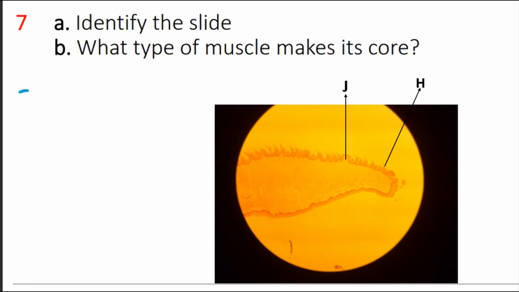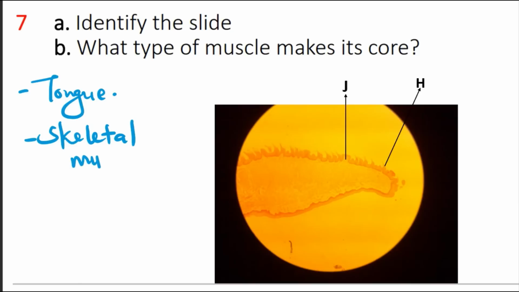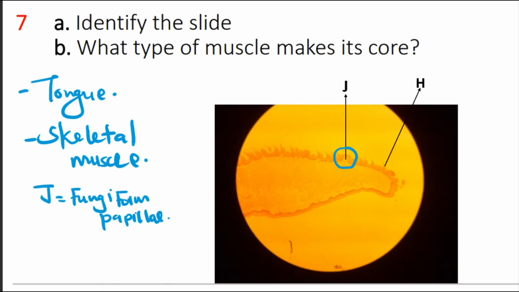Identify the slide. This slide is the tongue. What type of muscle makes it up? Skeletal muscle. What is J? J is the fungiform papillae.